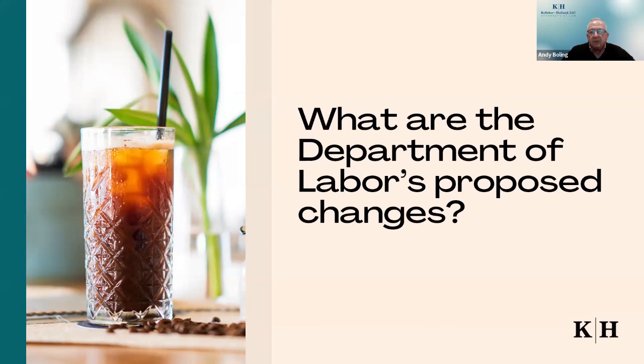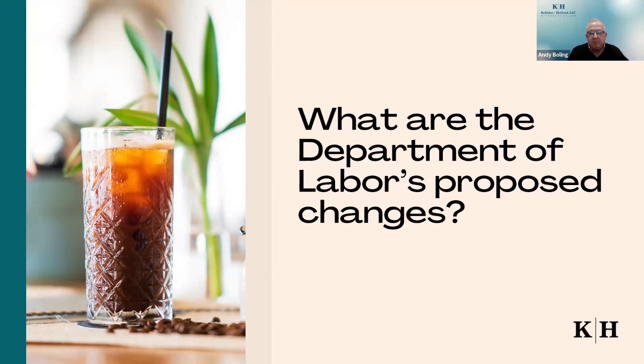Essentially, the crux of the Department of Labor's proposed change is to increase the minimum salary necessary to qualify for exempt status under the three traditional exempt categories of wage and hour law: executive, administrative, and professional employees.